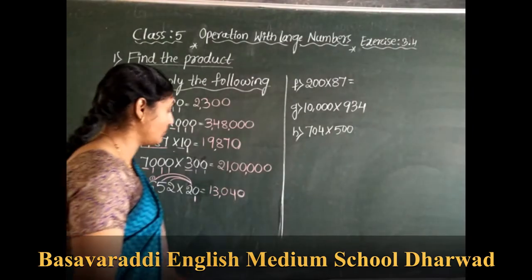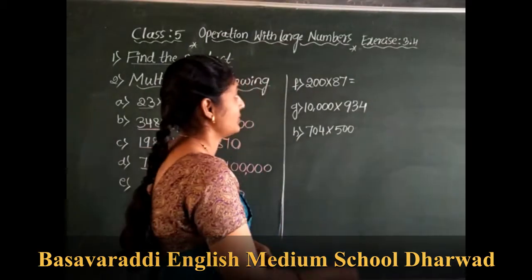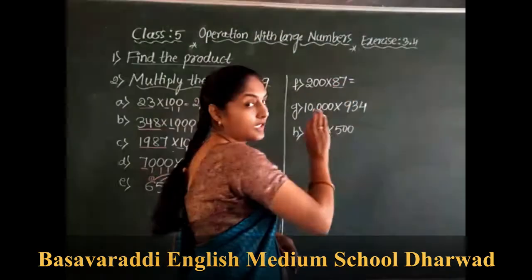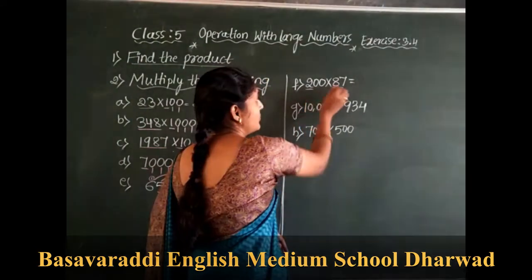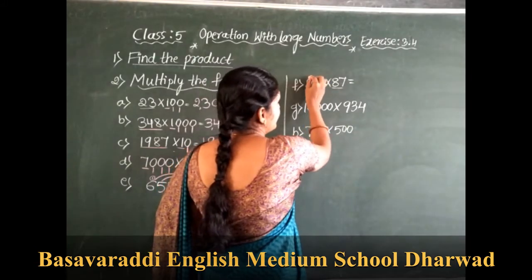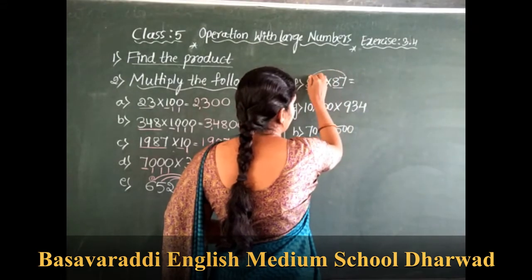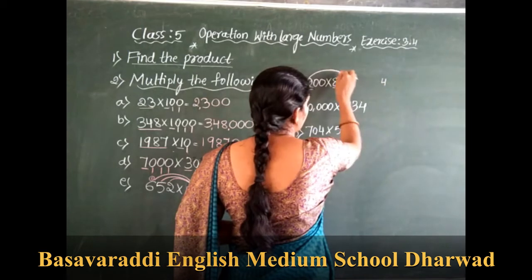So there are 2 more problems there. Follow the rules and do it yourself. The 87, the non-zero part, we have to choose first. What are the non-zero parts there? 87 and 2. Let's do the problem now. 2 7s are 14, so 1 carry over.